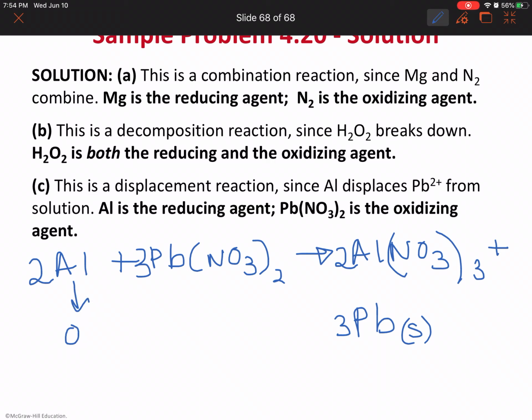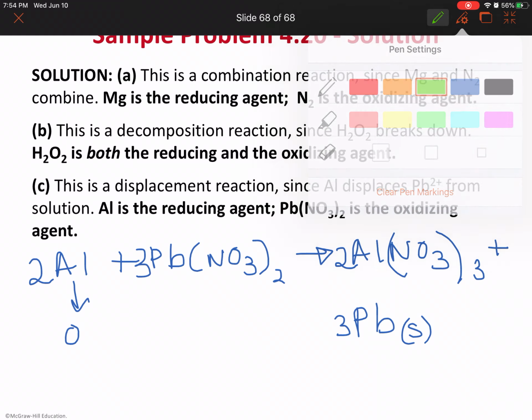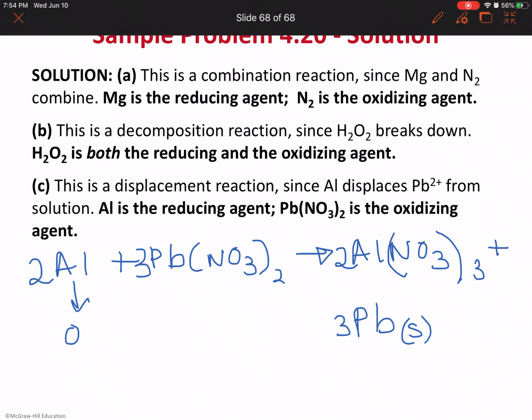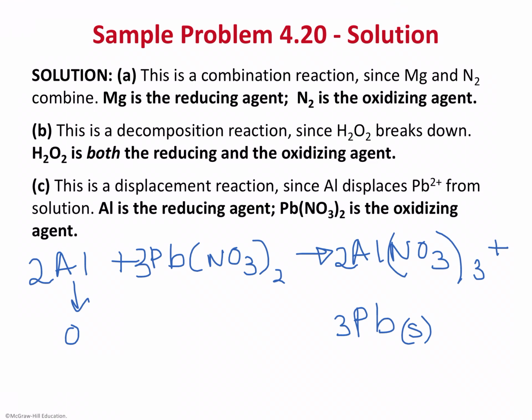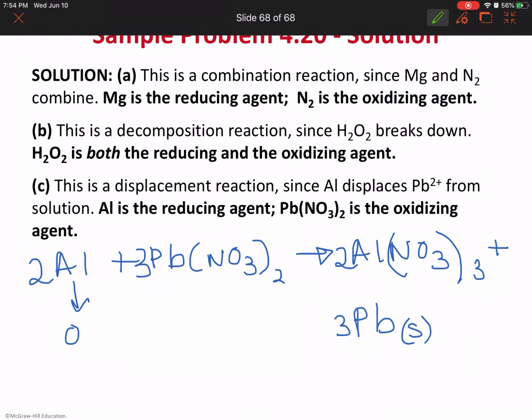In aluminum nitrate, nitrate is -1. So aluminum is in group 3, we'll make it +3. Since nitrate remains as NO3, we can consider that the oxidation number did not change for nitrogen and oxygen.